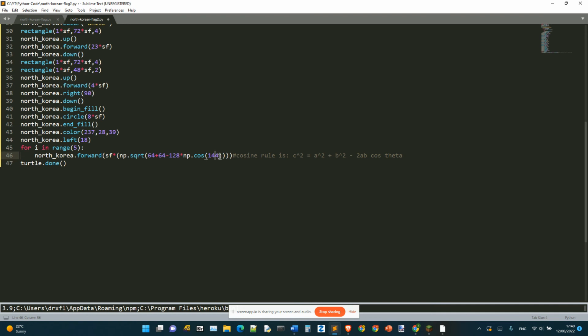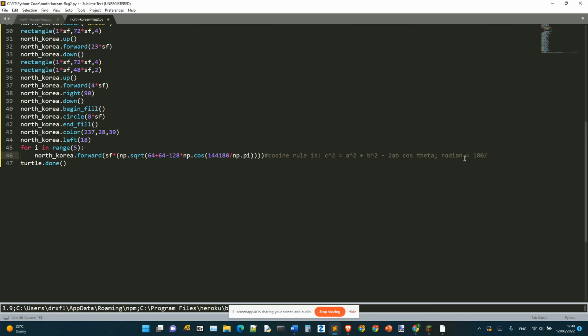But we are not going to put 144 here, because it takes the radian value, not the degree value. So the radian is 180 divided by np.pi.